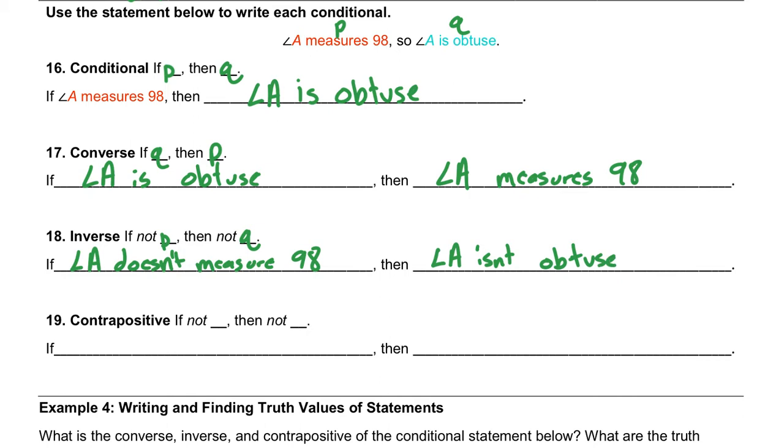So don't worry about the truth value of these. We'll talk about that in a second. Then the contrapositive, you swap and negate the hypothesis and conclusion. So I'd say if not Q, then not P. So the contrapositive would be if angle A isn't obtuse, then angle A doesn't measure 98 degrees.